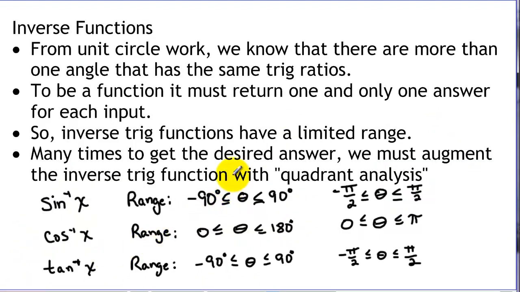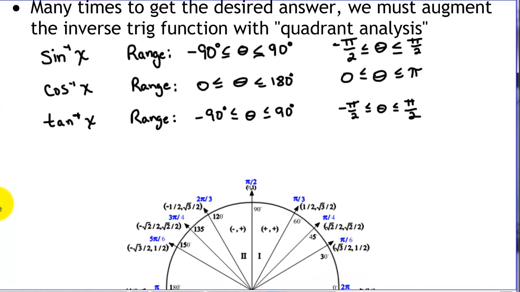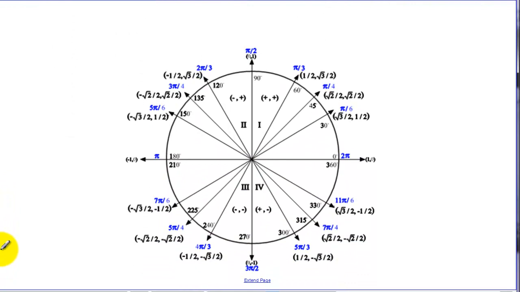Our last part is going to be to solve trig equations. Now, if you remember in triangles, when we were finding a missing angle, we used an inverse trig function on the calculator. But now we are in a coordinate plane setting, and it's a little bit more complicated. Let's say I wanted to know which angle had, for example, the sine of 1/2.